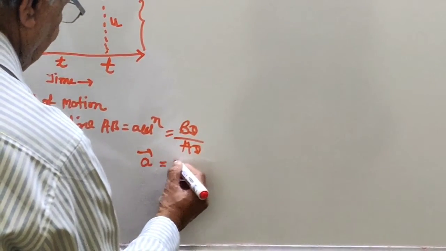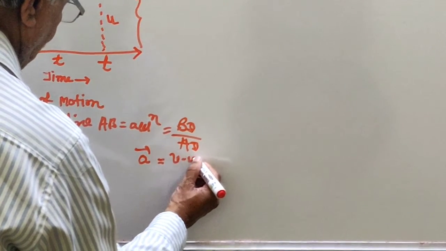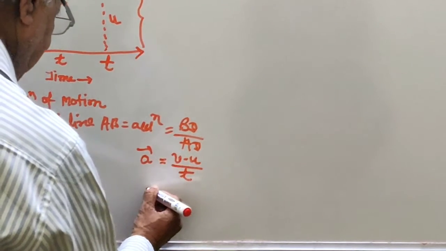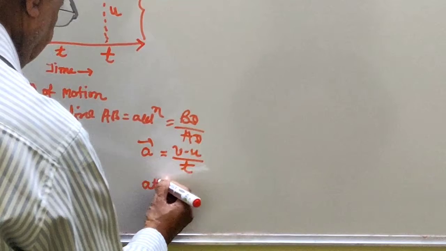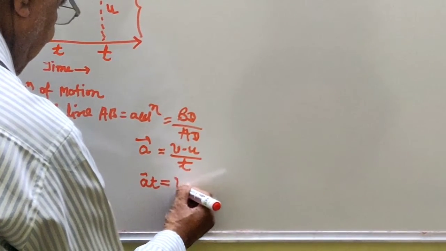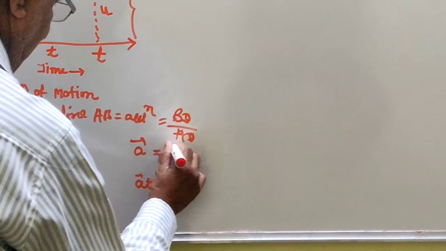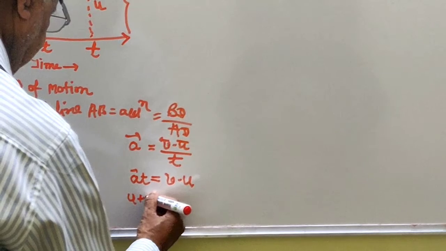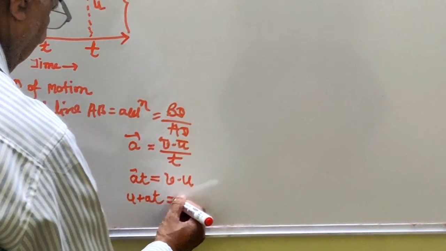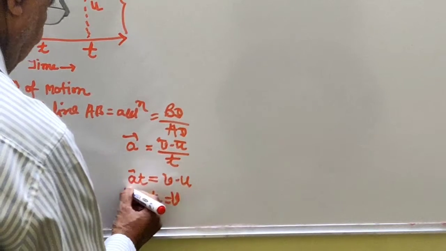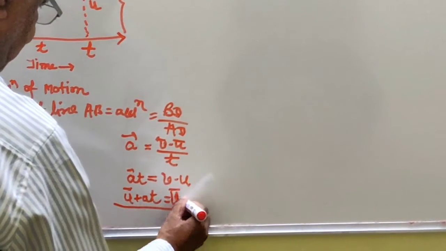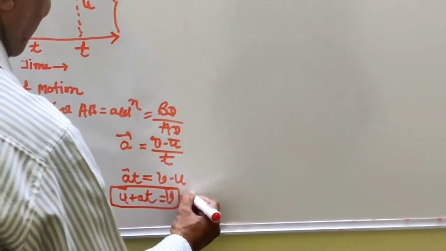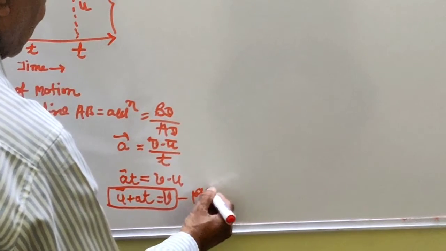The value of BD is v minus u, and this is the value of t. Now I will multiply, so I will get at is equal to v minus u. Now I will transfer u to that side, so I will get u plus at is equal to v. This is the first equation of motion. From this you can find the velocity of the body as well as the acceleration or the time.